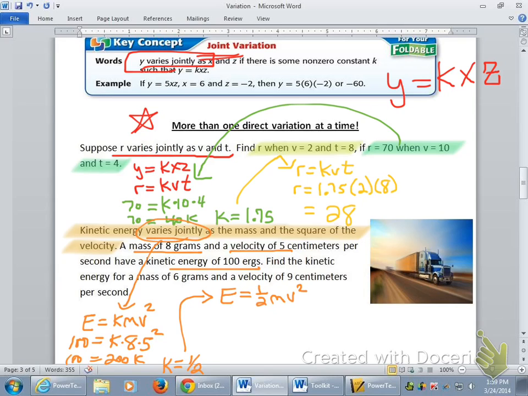And now use that information to help you solve. As I read my second part, it says find the kinetic energy. So I'm obviously finding the energy for a mass of 6 and a velocity of 9. So E is going to equal 1/2 times my mass of 6 times my velocity of 9 squared.